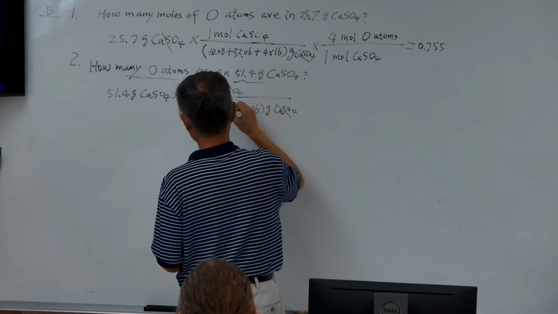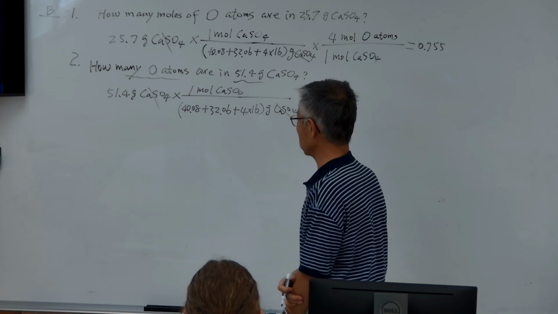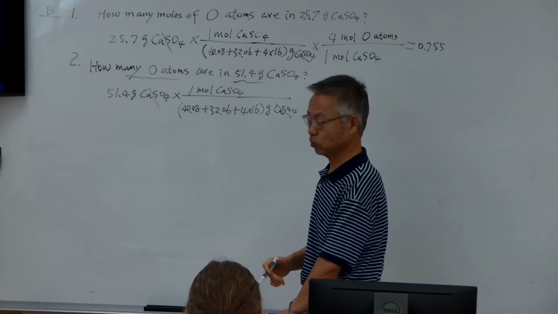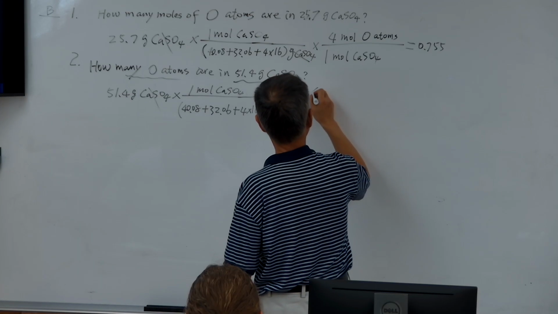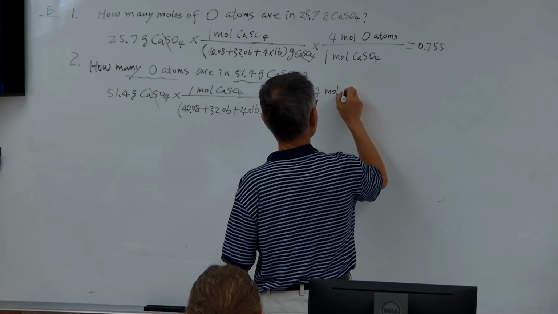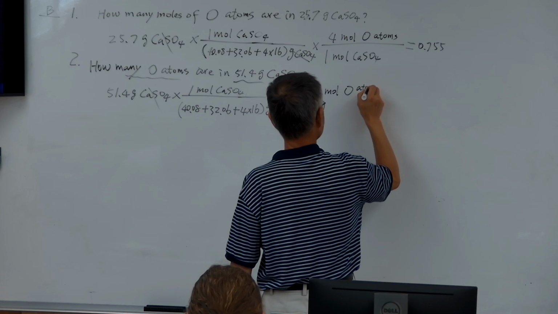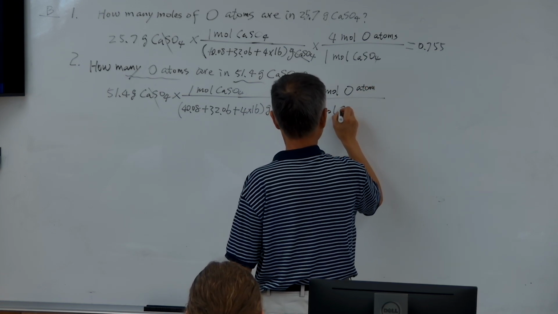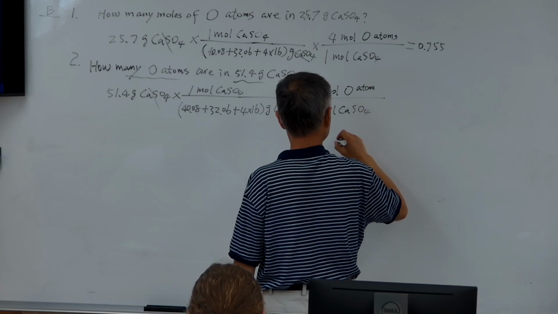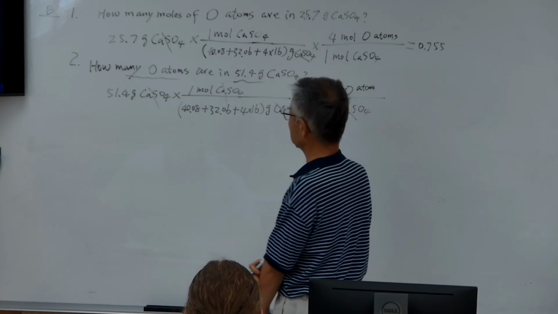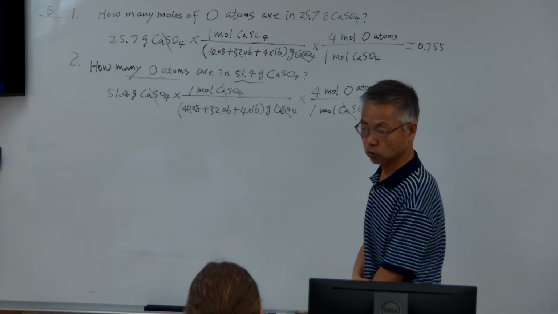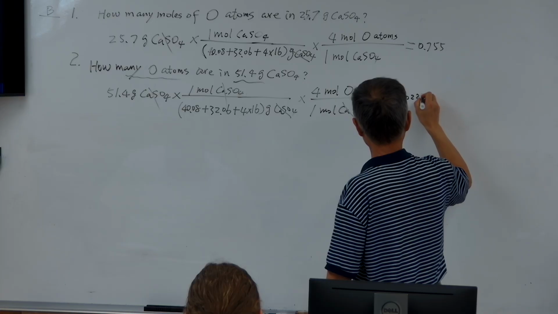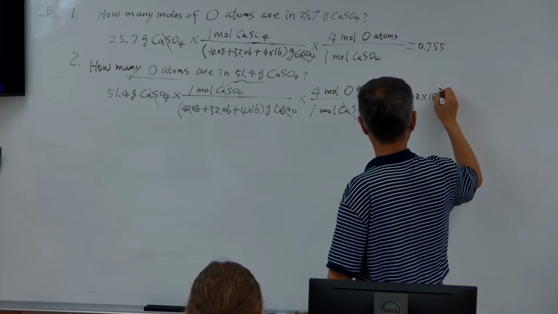So we get moles of calcium sulfate, but here we want oxygen atoms, so we multiply by 4, and it becomes moles of oxygen atoms. Then multiply by Avogadro number to get the number of oxygen atoms.